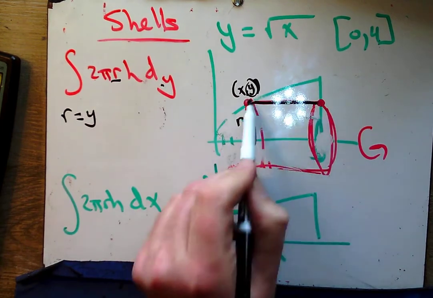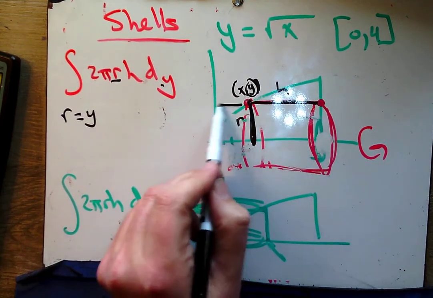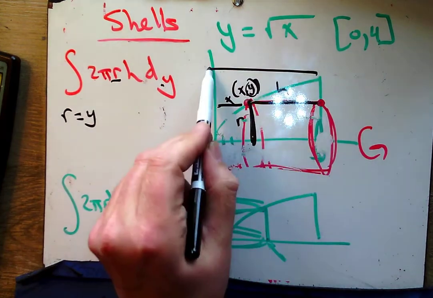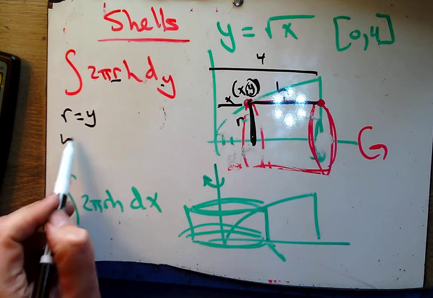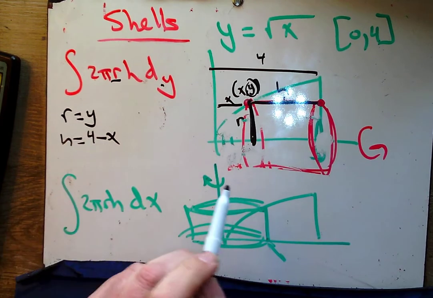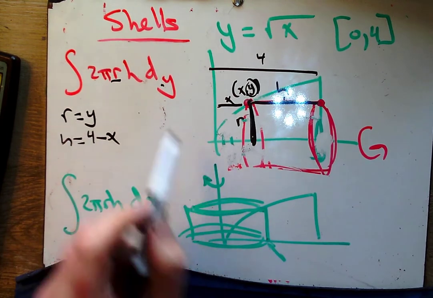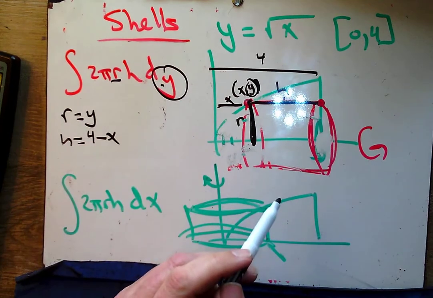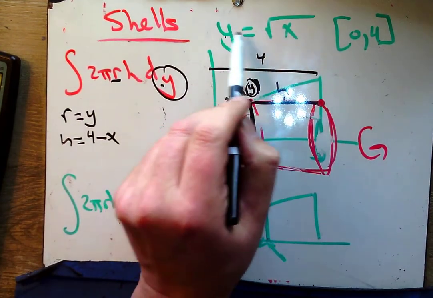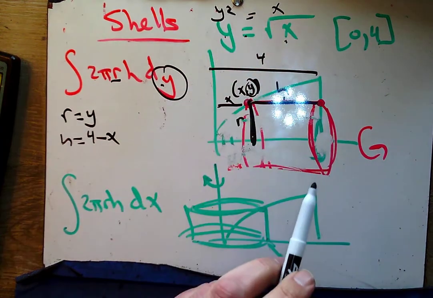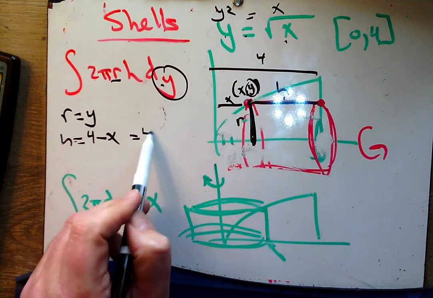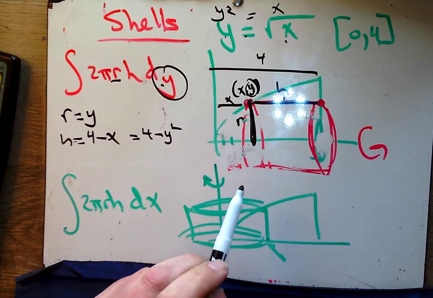Well, that's the height. This is x. This is 4. So my height is 4 minus x. But wait, this is a dy integral. So I know that y is square root of x, which means x is y squared. So my height is 4 minus y squared.